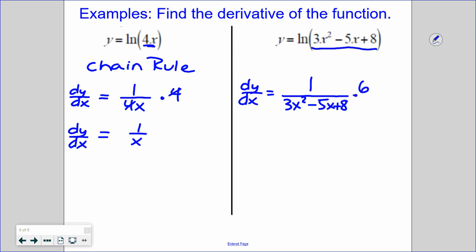And so that derivative is going to be 6x minus 5. Multiply straight across, and we get 6x minus 5 over 3x squared minus 5x plus 8. And again, this was also using the chain rule.